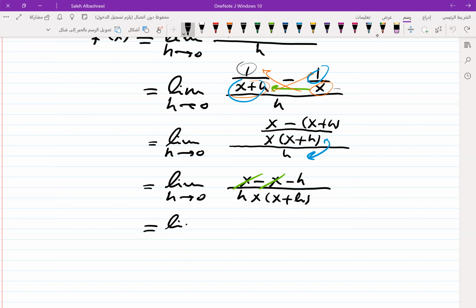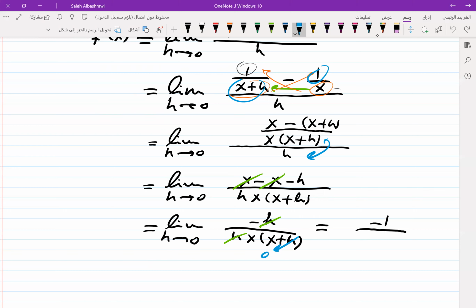So this is the limit of minus h divided by h multiplied by x multiplied by x plus h as h goes to 0. h will be cancelled with h. Then I have minus 1 divided by x multiplied by x plus h. If we replace h by 0, I will have x multiplied by x.